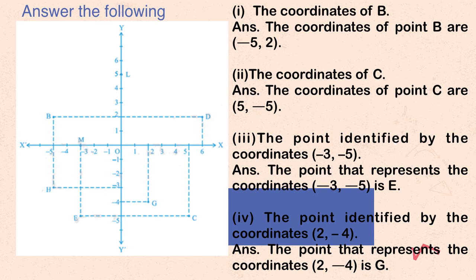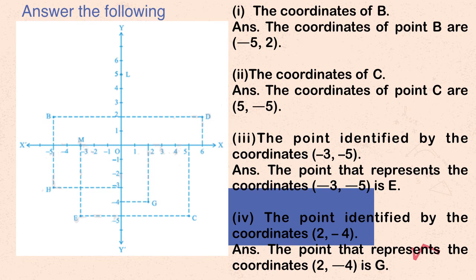So the abscissa of this point, abscissa means x coordinate, is -5 and the ordinate, which means the y coordinate, is 2. Is this clear? -5, the first value, is the abscissa and 2, the last value, is called the ordinate.